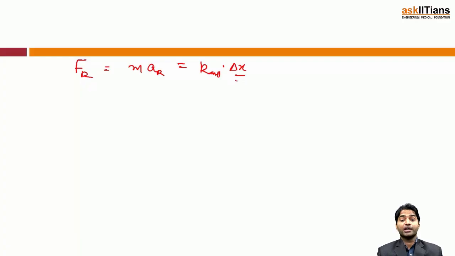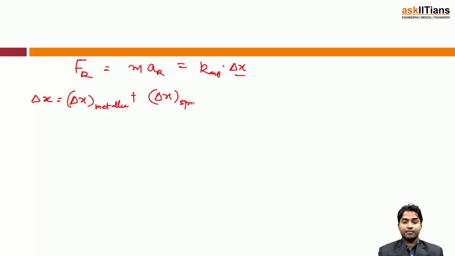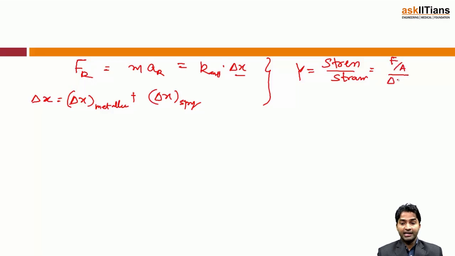Now the question is, how can we find the displacement produced in the system? So Δx is actually Δx produced in the metallic wire plus Δx produced in the spring. In the case of Young's modulus, Y is equal to stress upon strain. Stress is force upon area, divided by strain, Δx by the original length x.